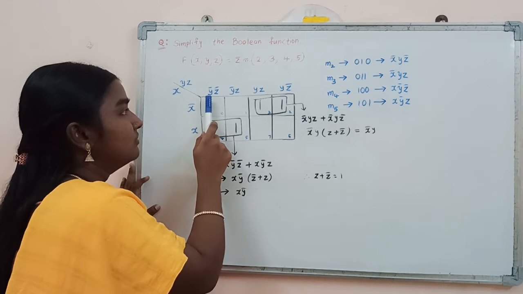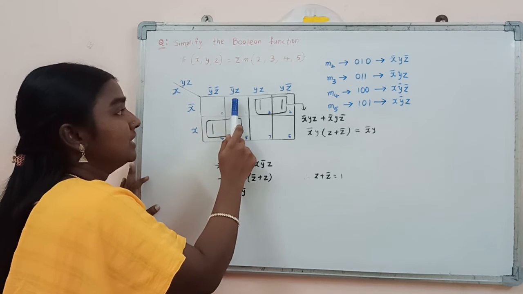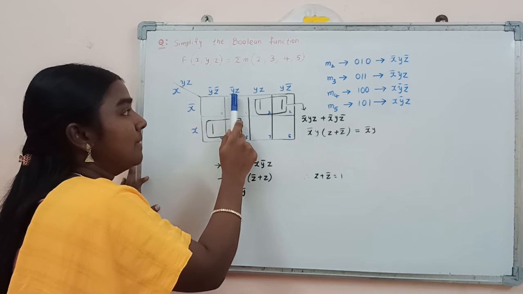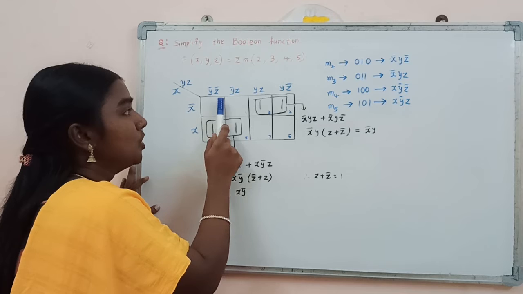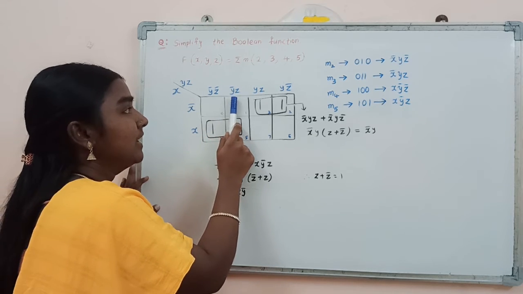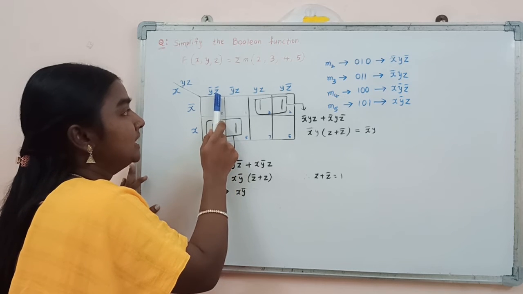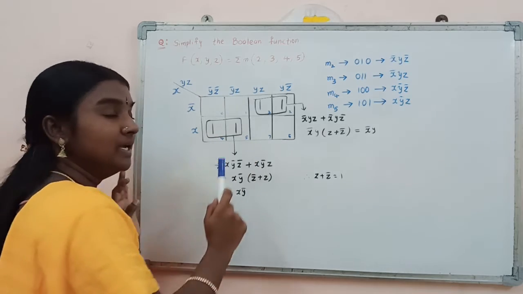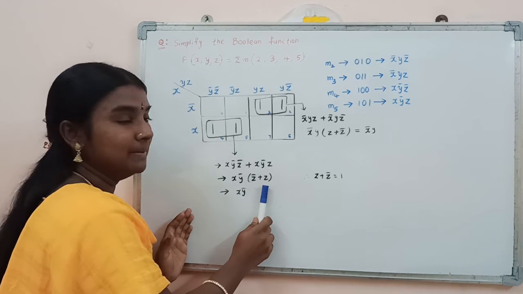For the first column, the common variables are y bar z bar. For the second column, the common variables are y bar z. So in these two columns, the common variable is y bar, and the leftover variable is z bar in the first column and z in the second column. If we observe, the z variable will become 1.